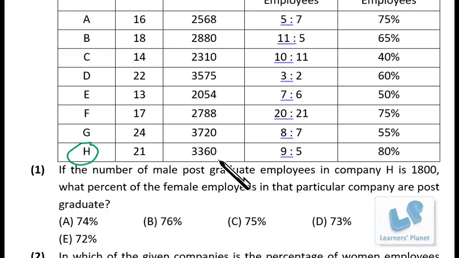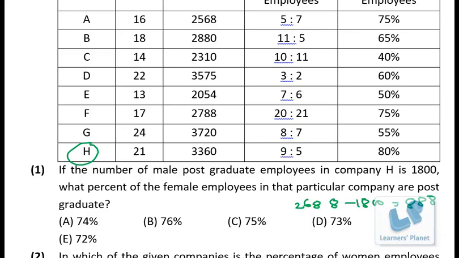So 80% of 3360 is postgraduate, and out of that 80%, 1800 are male employees. So I find the total number of postgraduate persons first of all. So these are the total number of postgraduate employees, right? Out of this, I deduct 1800, so I get the number of female postgraduate employees. So female postgraduate is 888.